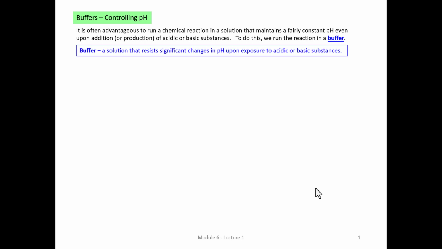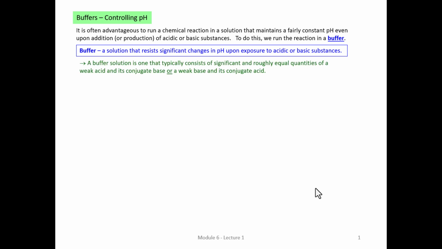So the formal definition of a buffer would be a solution that resists significant changes in pH upon exposure to acidic or basic substances. A buffer solution is one that typically consists of significant and roughly equal quantities of a weak acid and its conjugate base, or a weak base and its conjugate acid.